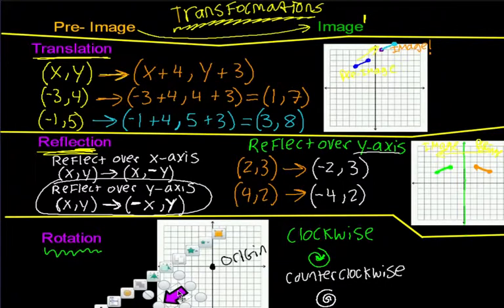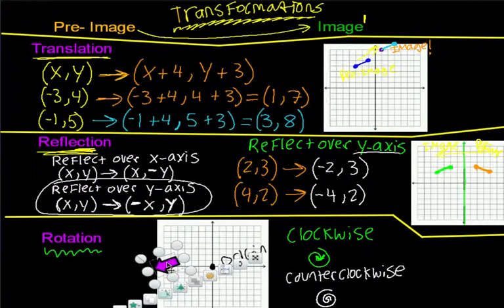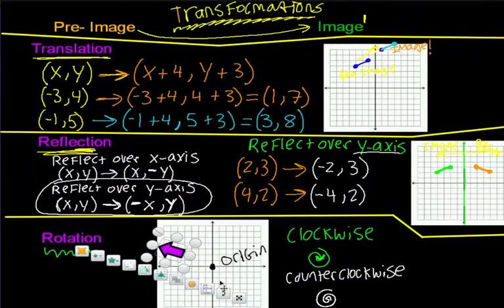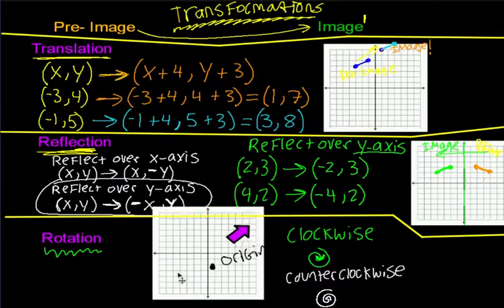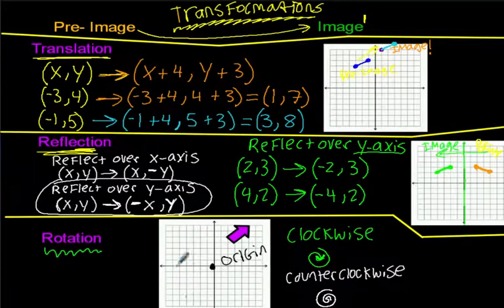You're going to be going around the origin, around the circle. And this is all I require of rotation. I want you to know what it looks like. So know that the rotation is going to look something like this. And that went 180 degrees. It went clockwise. All right, and that's about it for transformations.